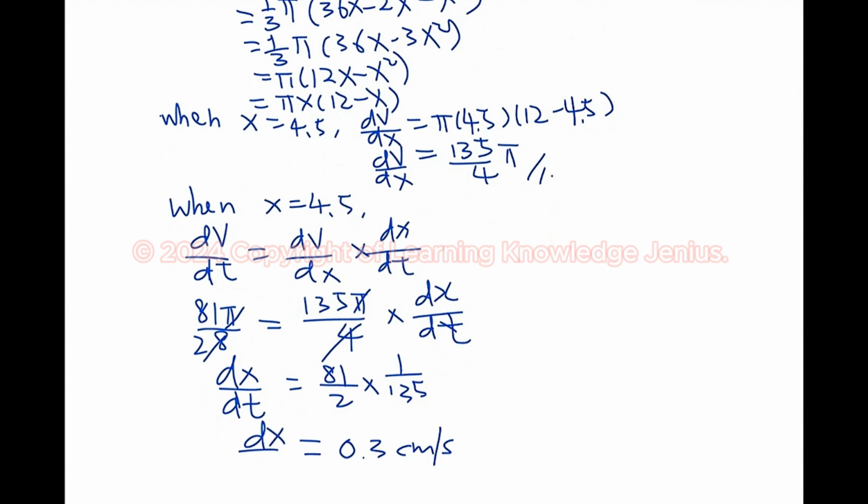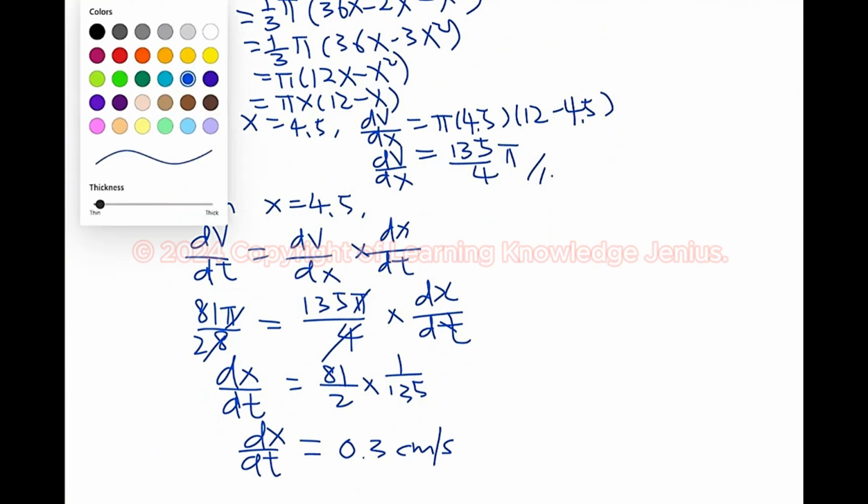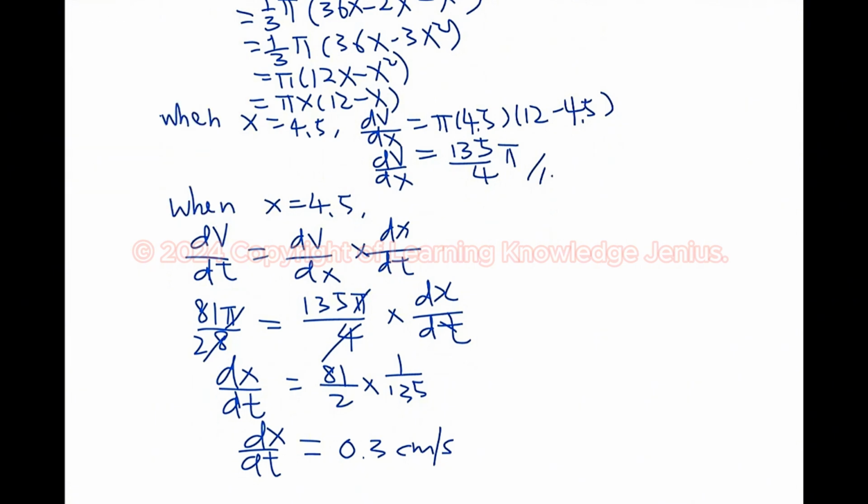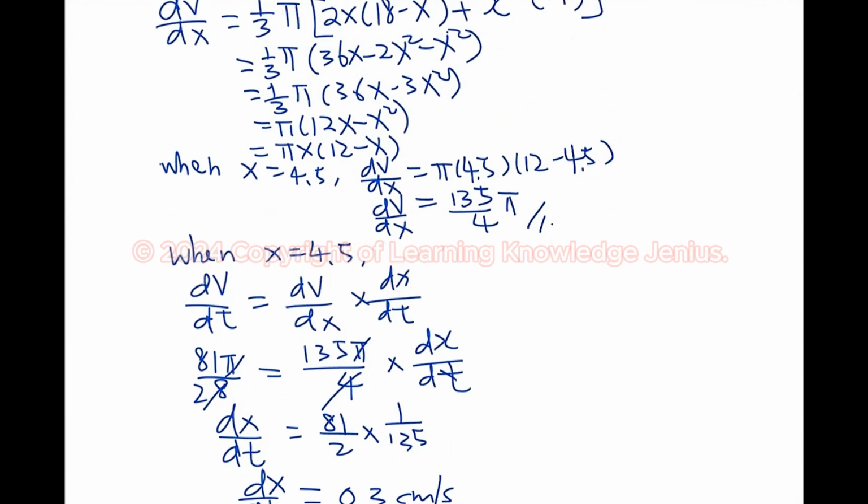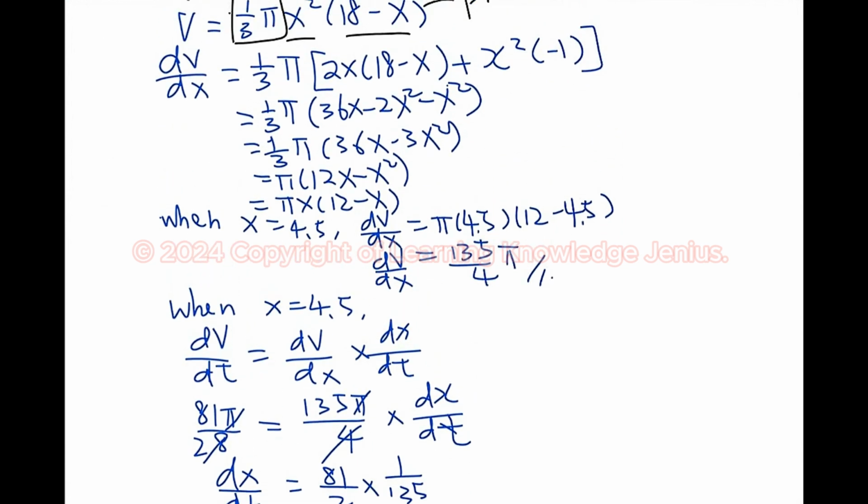The last step, after I'm done, I will check the unit. Bear in mind, the unit is needed in this question. So I scroll back. This one I forgot to write the unit, so I will have to write the unit. It's actually the same.